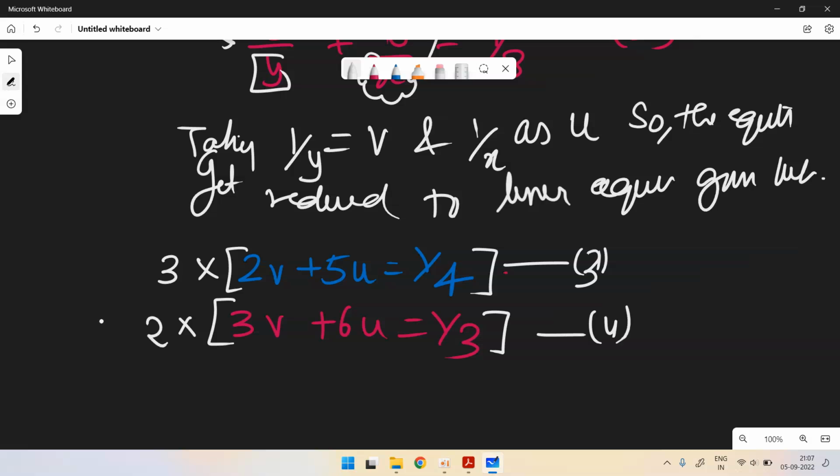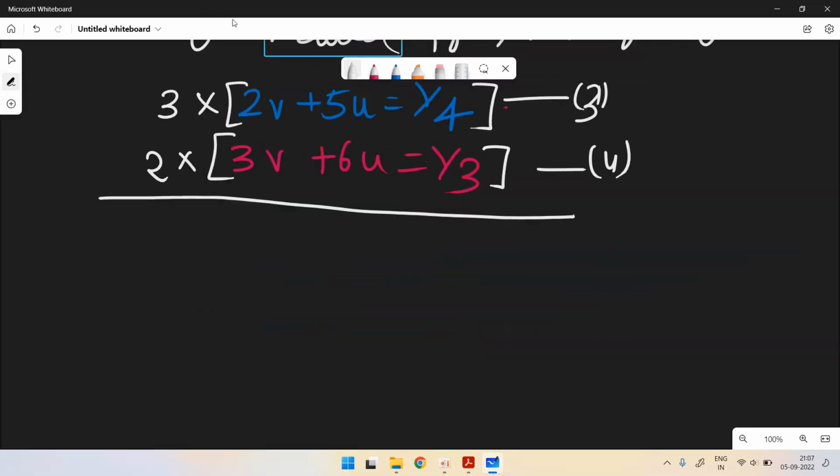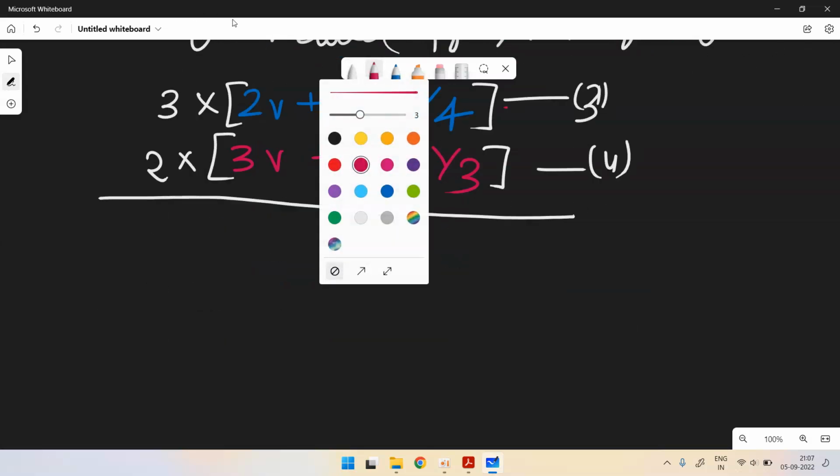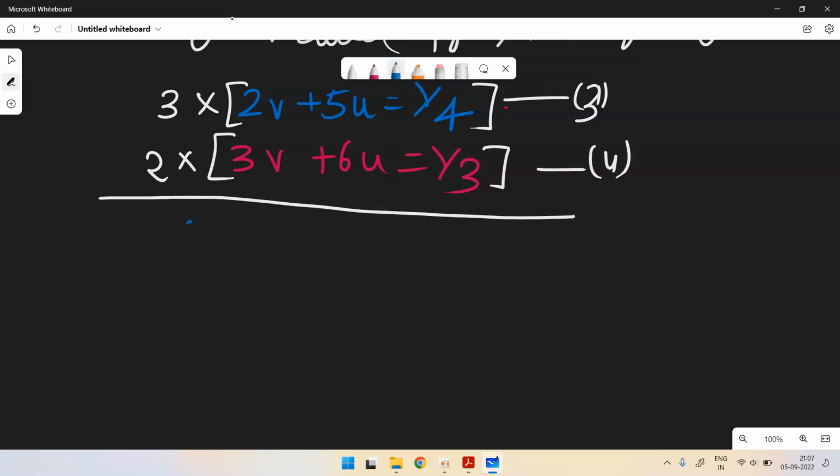If you rewrite the equations, this will become 6v plus 15u equal to 3 by 4, and 6v plus 12u equal to 2 by 3.